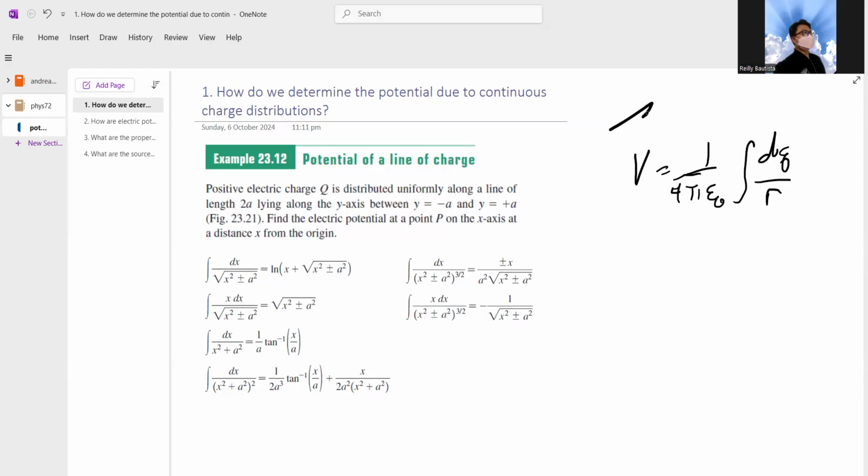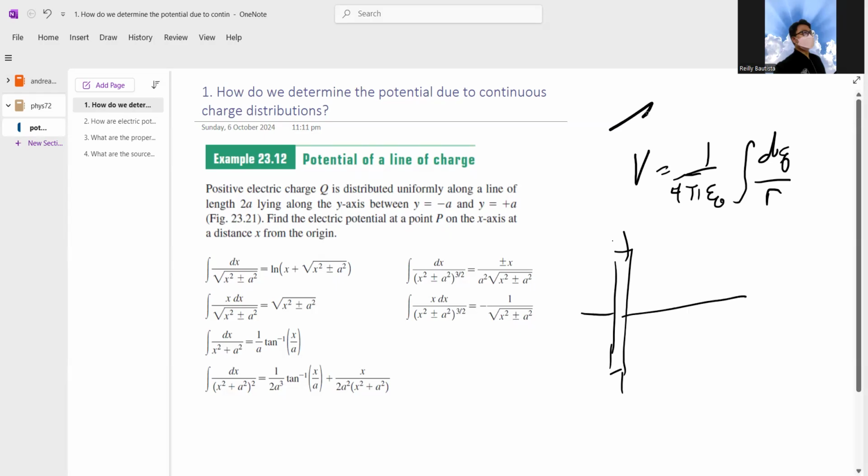This is the same example as we had for the electric field, the first example. We are given the same setup, so we make a drawing here. This is along the y-axis and this is along the x-axis.